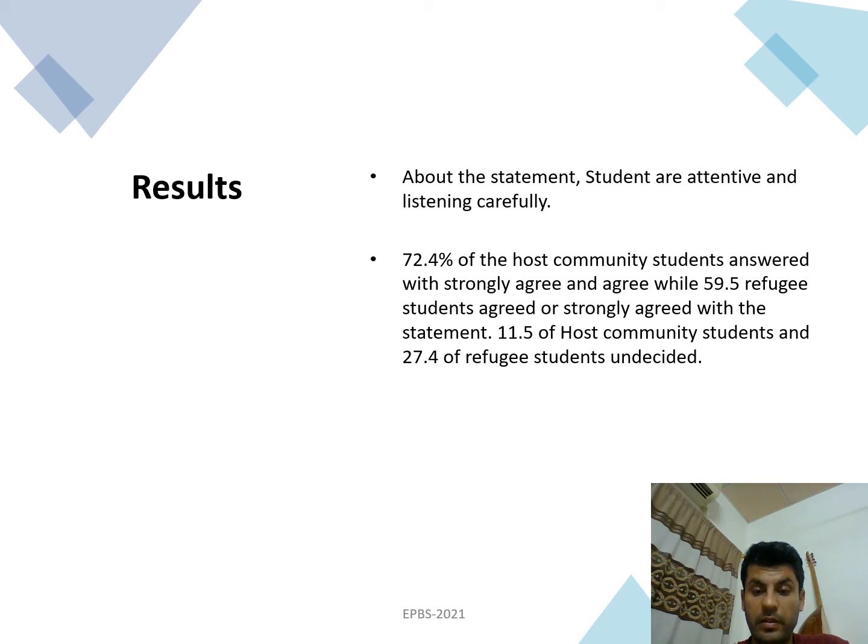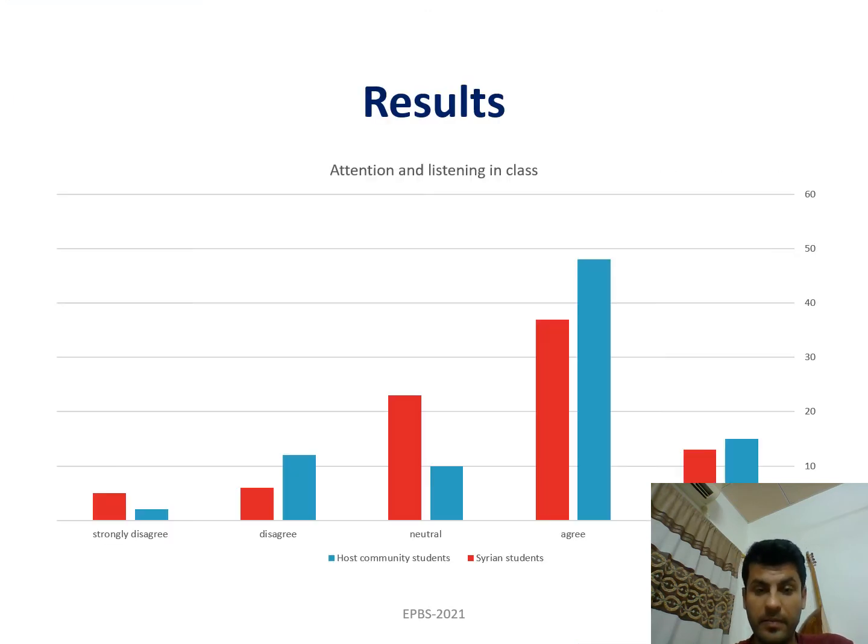At the same time, the rate of those who were neutral or undecided was somewhat high. 11.5 of the local students were neutral, and 27.4 of the refugee students also showed that they were undecided about whether they are really attentive or listening carefully in the class.